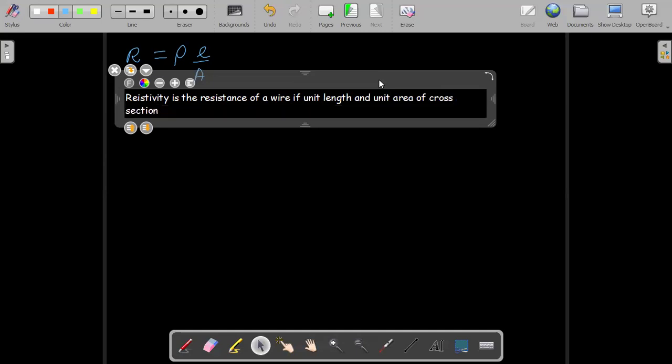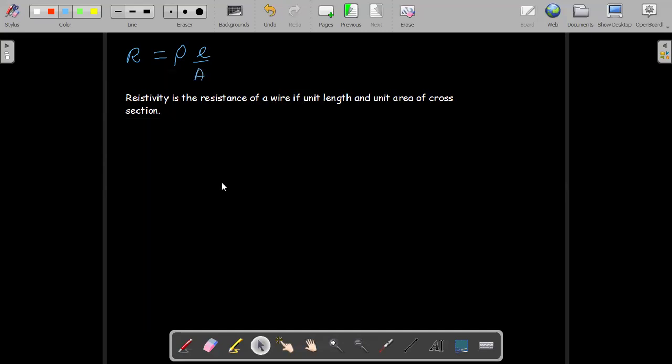So if a wire has unit length and unit area of cross section, unit length means the length of wire is 1 meter and its area of cross section is 1 meter square. So you have L equals 1 meter, you have area also equals 1 meter square. Then we will have R equals rho.